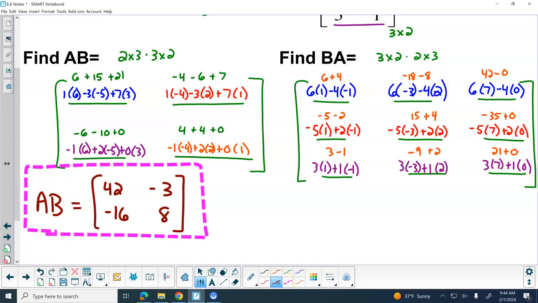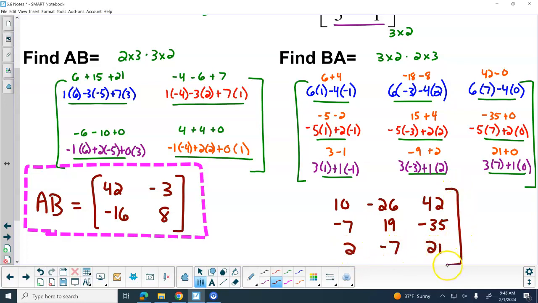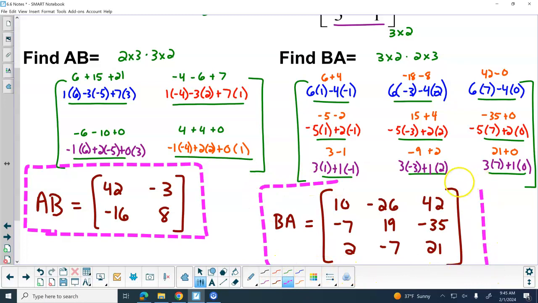So I get a 3 by 3 matrix: 10, negative 26, 42 is my first row. Negative 7, 19, negative 35 is my second row. 2, negative 7, 21 is my third row.